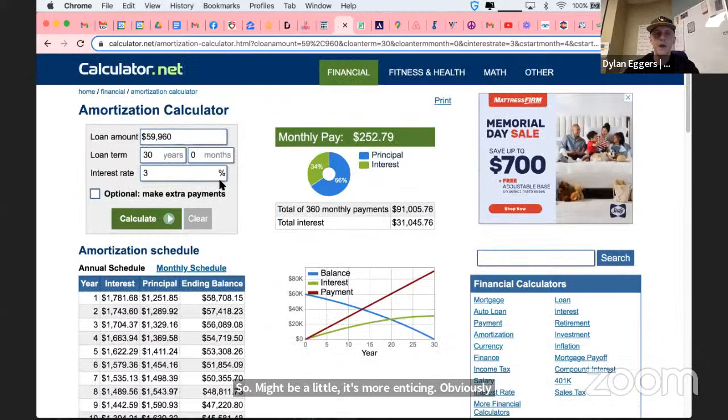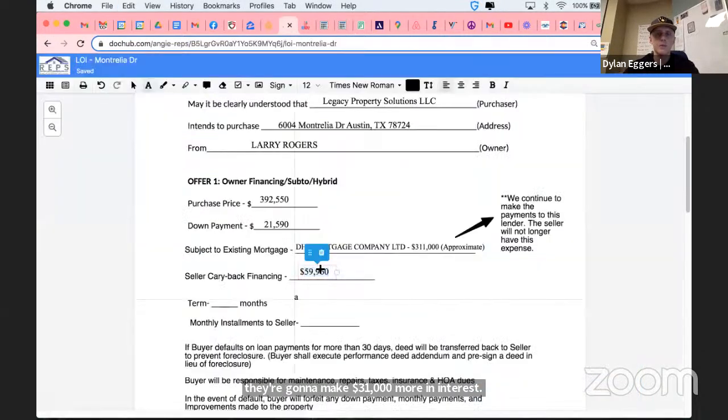So maybe we'll just do that. That makes it a little bit more enticing. So that is exactly what I'm going to do. So I'm going to spell this out at 3%. So $60,000 at 3%. We're going to do 30 years or 360 months, and we're going to pay them $252.79 per month.